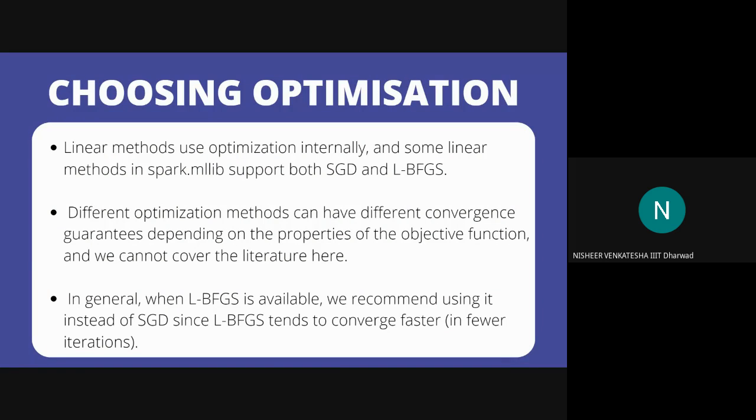Some methods which Spark supports are SGD and LBFGS. Based on the method chosen, they have different convergence guarantees and different properties based on the objective function. In general, LBFGS is recommended since it optimizes the objective function and converges faster, in fewer iterations than SGD.